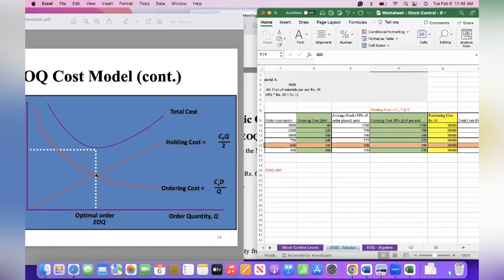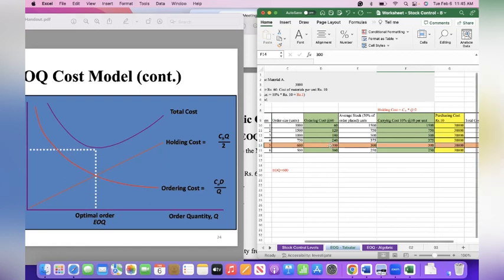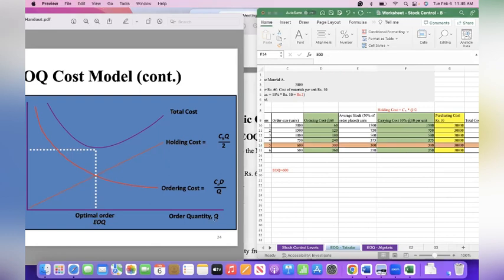That is basically why we got the order size where the ordering cost and the carrying costs are equal, this point.